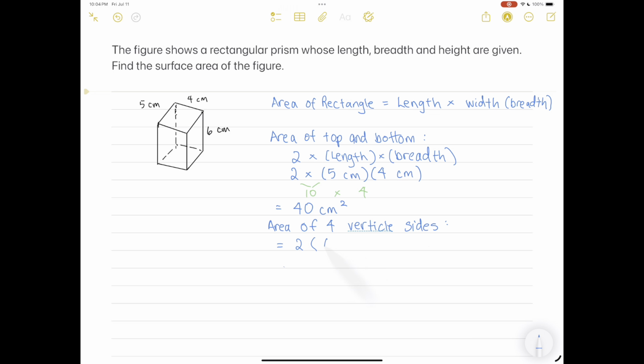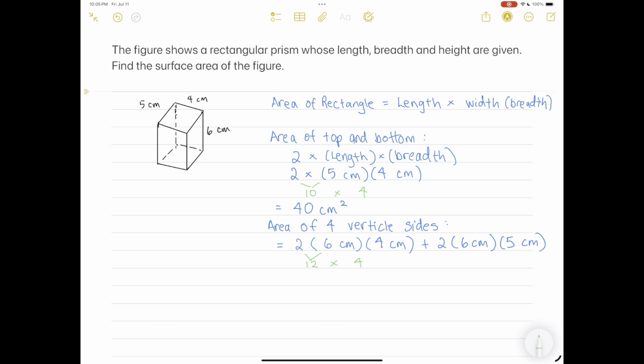In any case, the area of the 4 vertical sides would be 2 times 6 centimeters times 4 centimeters plus 2 times 6 centimeters times 5 centimeters, since 2 of those vertical panels are 6 by 5 and 2 are 6 by 4. According to order of operations, we multiply first from left to right before we do addition.